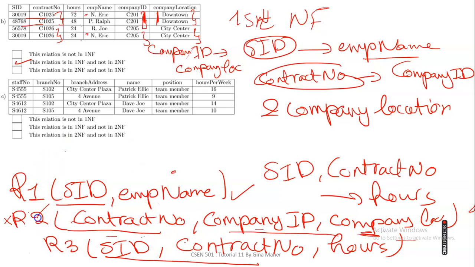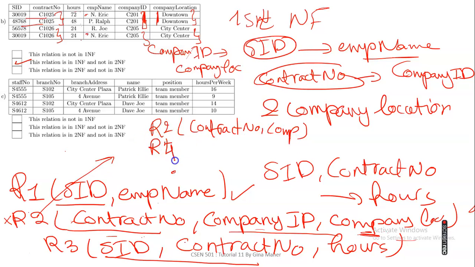So to be in the third, we should decompose this into two other relations: contract number, company ID, and company ID with the location. And last but not least, this one is in the third because we only have one attribute that can be accessed from these two relations.